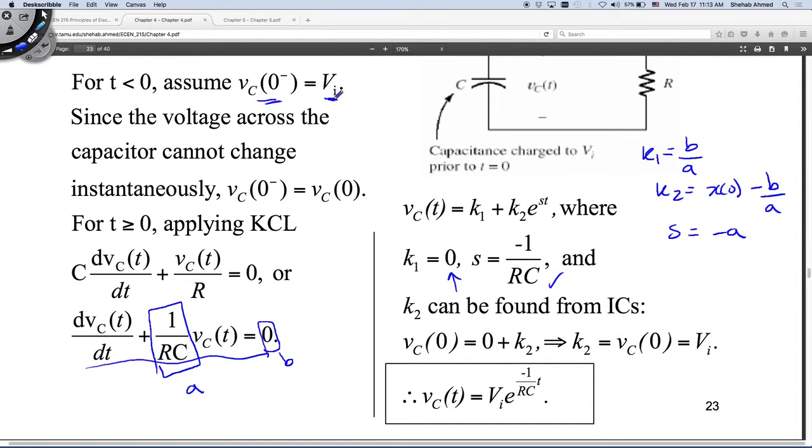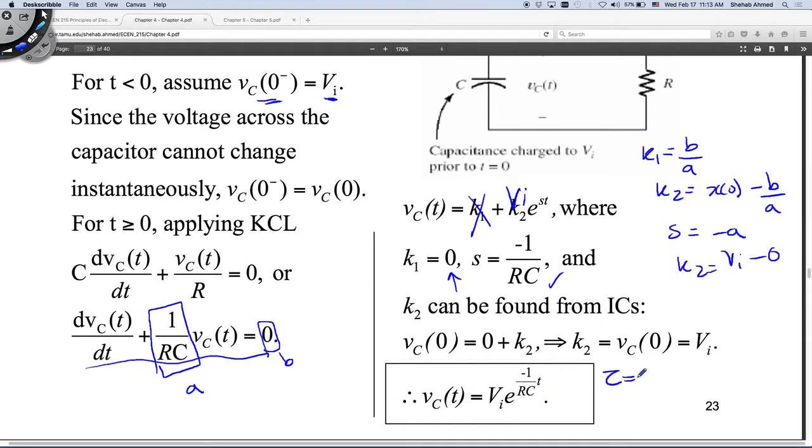The capacitor is initially charged to VI, so K2 is equal to VI minus B, B is 0, so K2 is VI. So we end up with K1 is 0, K2 is VI, S is minus 1 over RC, so VI e to the minus t over RC.